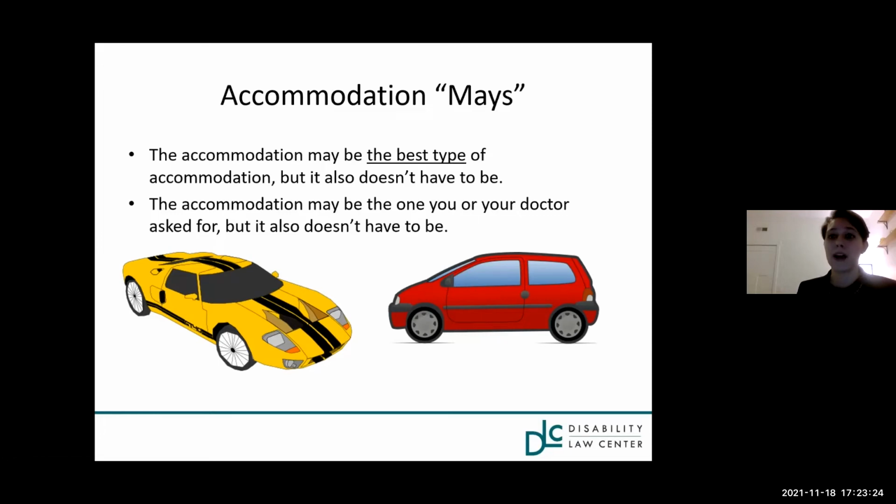But your work doesn't have to provide you with the Ferrari of accommodations if there is a beat up old secondhand Toyota of accommodations that they're able to provide you. So for example, if you need a piece of adaptive software and there's two that are going to work, but one has additional features, your work isn't required to provide you the one with additional features, provided, of course, that the one that doesn't have the additional features is still effective.